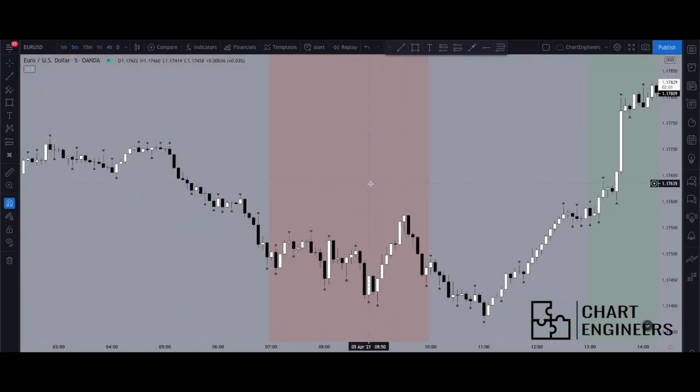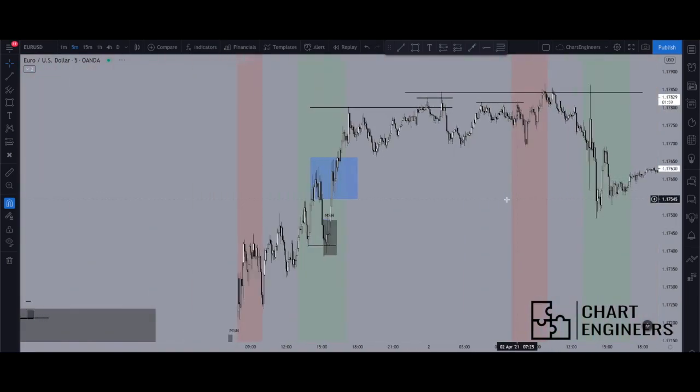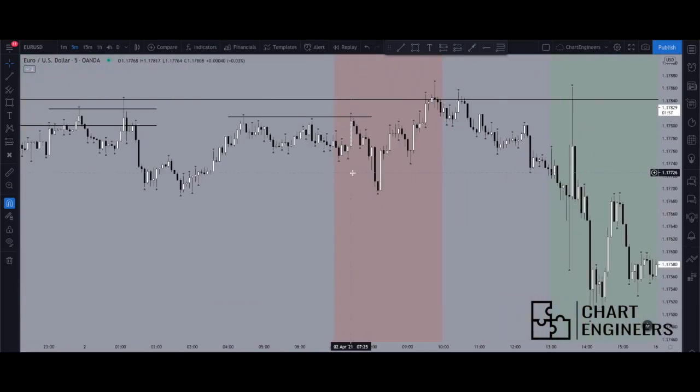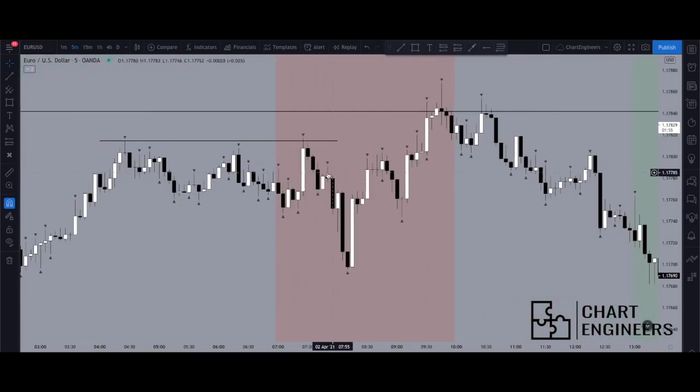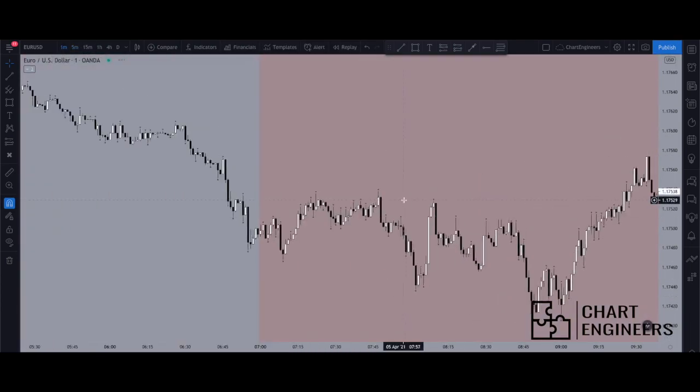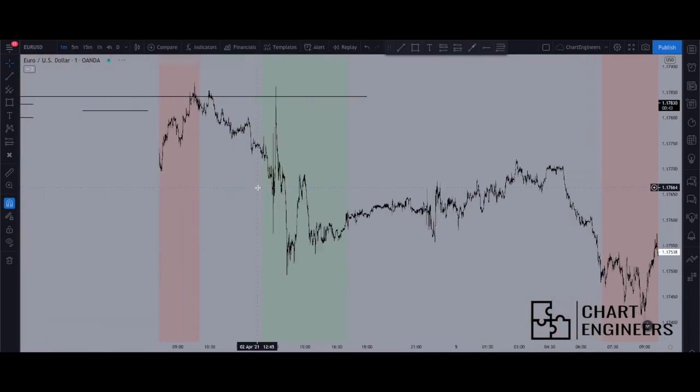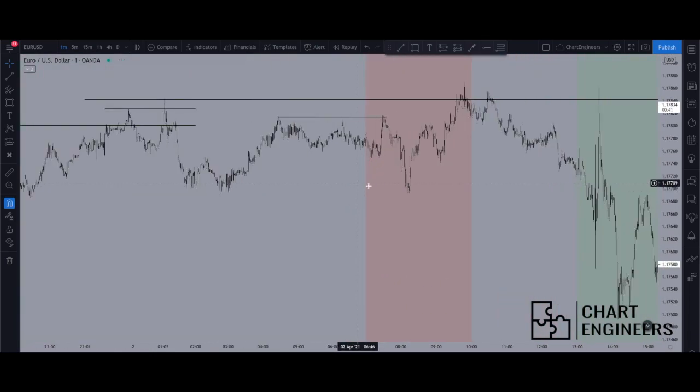So then go down to your M5 time frame. And you see that we get a M5 raid as well. So this would give me a lot of confluence and confidence to short it. So M5 raid, go down to your M1.